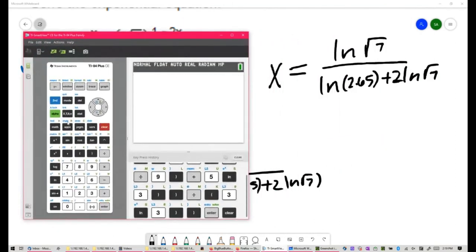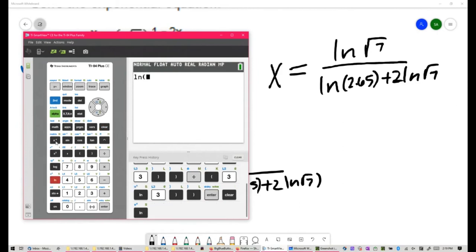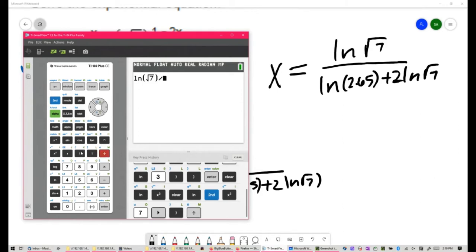So we'll type natural log, square root of 7 for the numerator. And I didn't need a parenthesis around the numerator because there's only one term in the numerator, but I do need parentheses in the denominator.